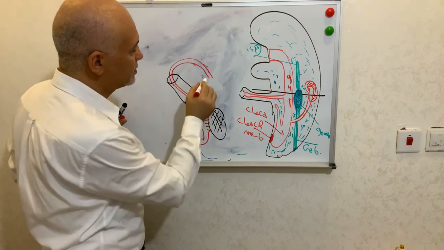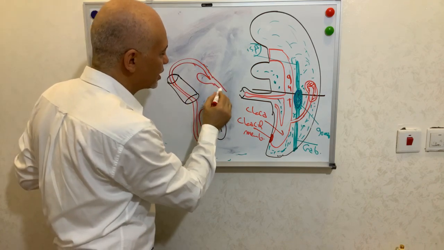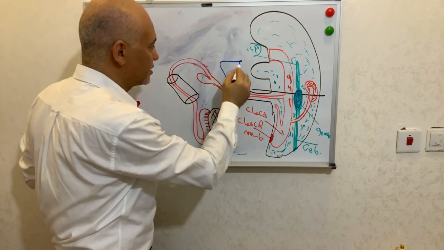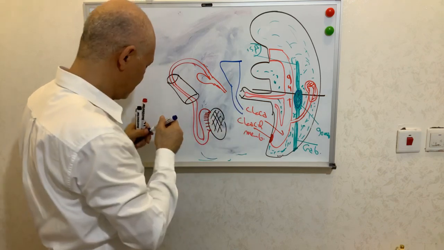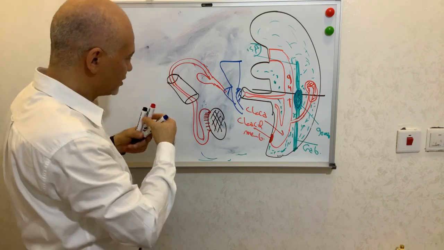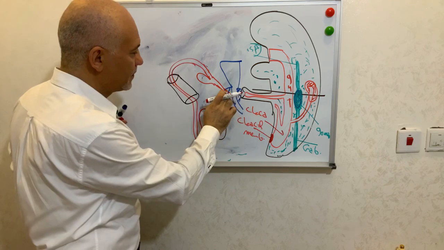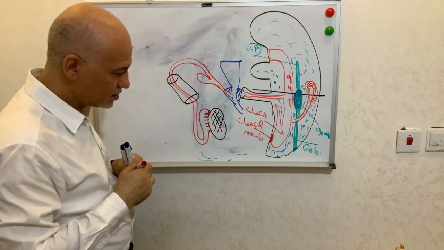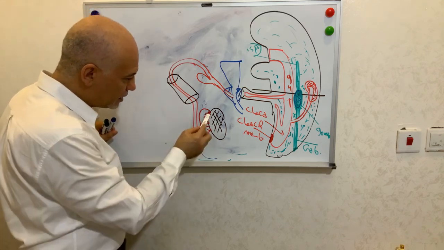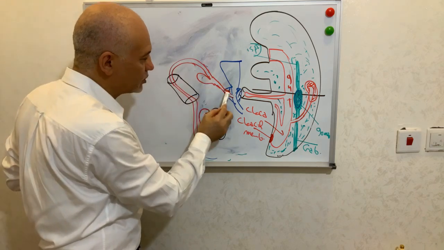The vas deferens unites with the seminal vesicle to form the ejaculatory duct. This is the urinary bladder and the urethra. This is the prostate. The ejaculatory duct opens in the prostatic urethra. So the male duct includes the vasa efferentia, epididymis, vas deferens, seminal vesicle and ejaculatory duct.